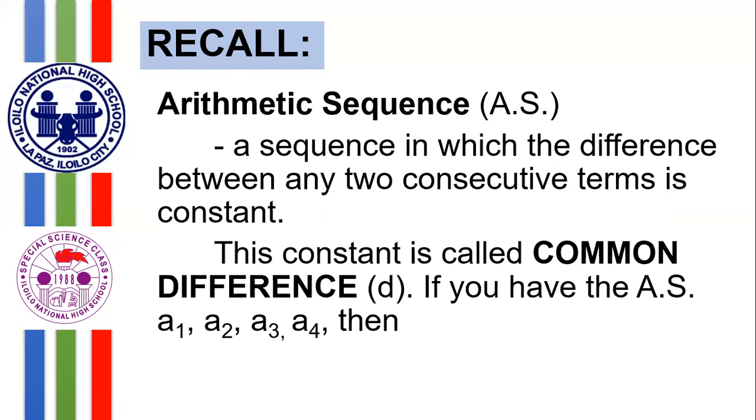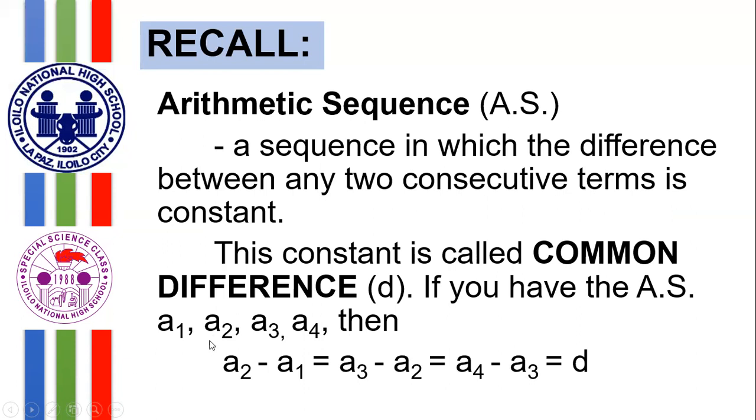For example, if you have an arithmetic sequence with these four terms, a sub 1, a sub 2, a sub 3, a sub 4, then if you subtract the second by the first, the third by the second, the fourth by the third, all of these differences are constant. That is your common difference, or your d.